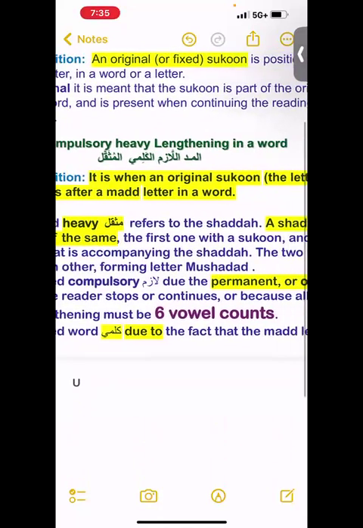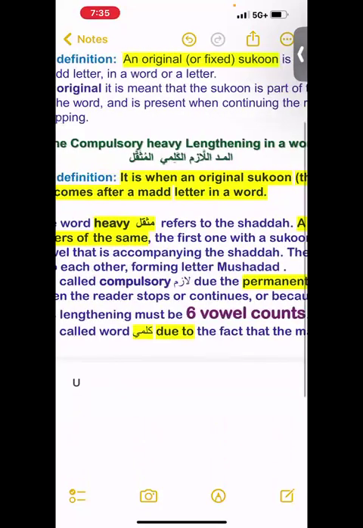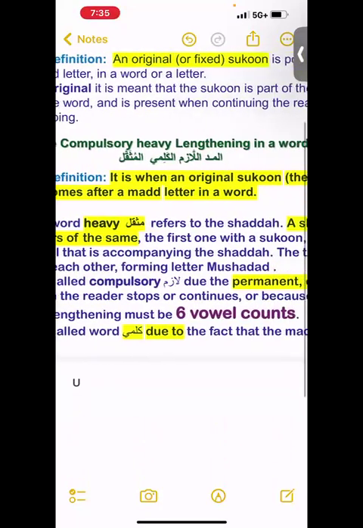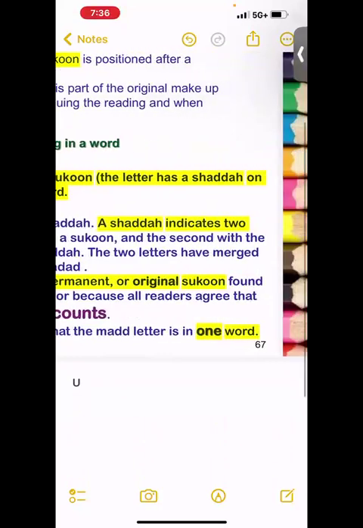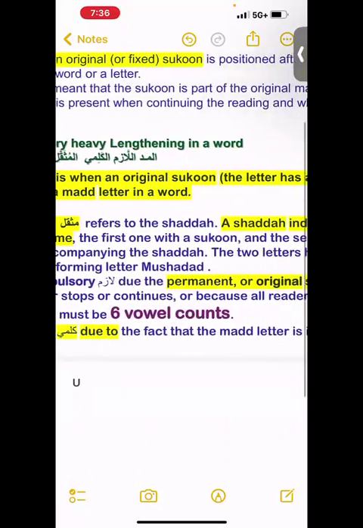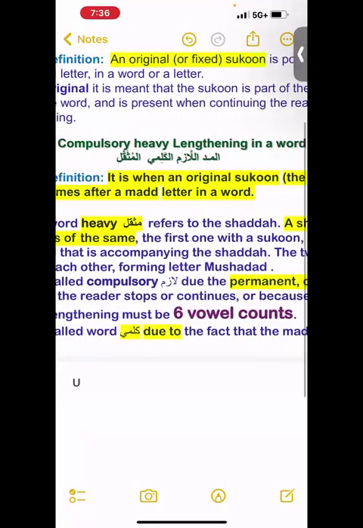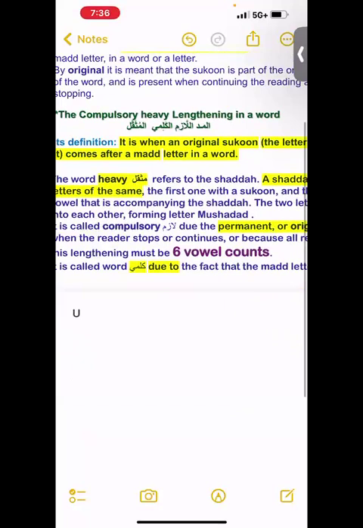Why is it called muthaqqal? Because of the shadda. A shadda indicates two letters of the same kind, the first one with a sukoon, and the second one with a vowel that is accompanying the shadda. The two letters have merged and they become a mushaddad.